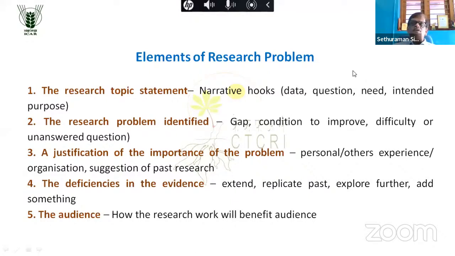Or you can say that at the end of my research work, farmers will be getting more access to a variety of foods, because when you are going for a nutritional garden, farmers will get access to nutritional foods like fruits and vegetables which were not there earlier. So like this, you have to explain who will be benefited out of your research.